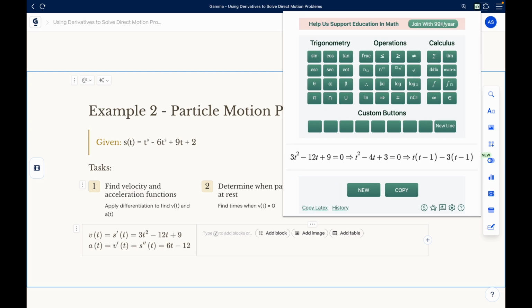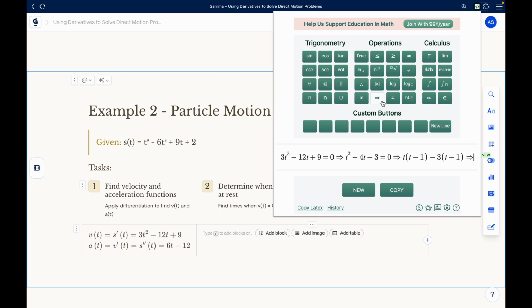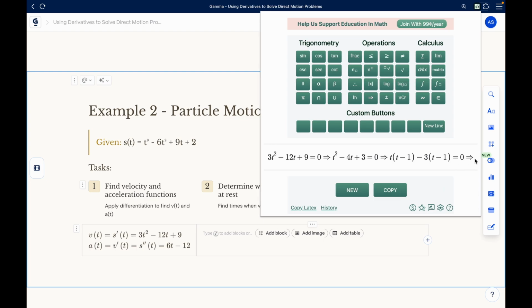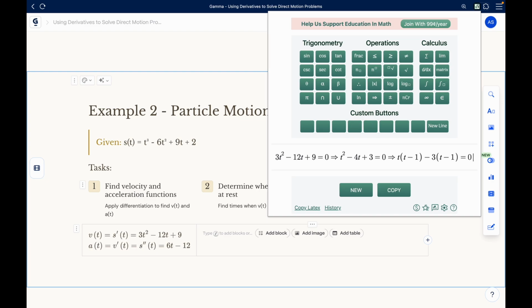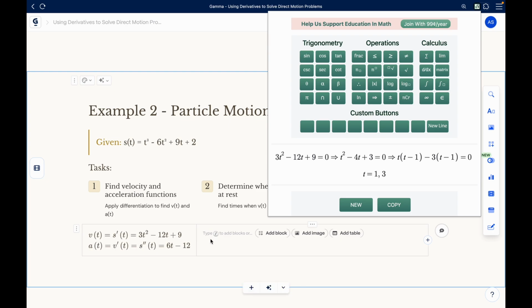Now this becomes t minus 3 multiplied by t minus 1, and our solutions will be t is equal to 1, 3. Now, let's say one of our solutions was a negative answer. We would immediately cross that out of our answer because there's no such thing as negative time.